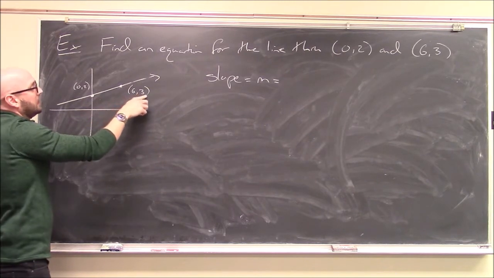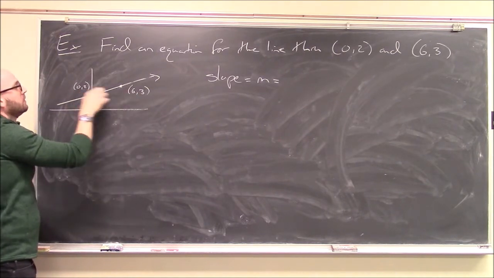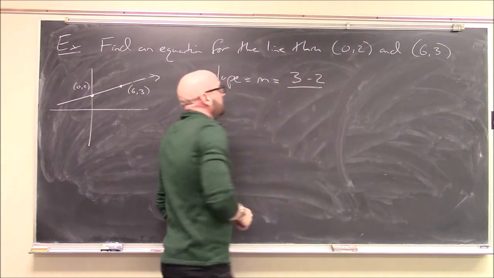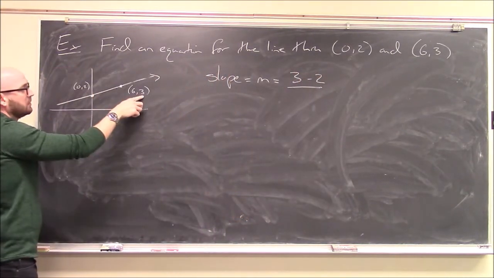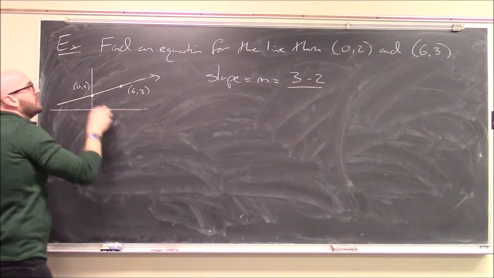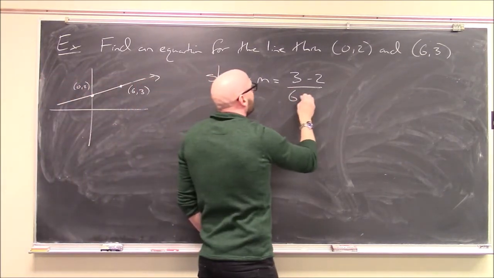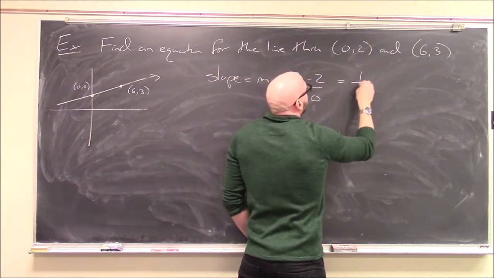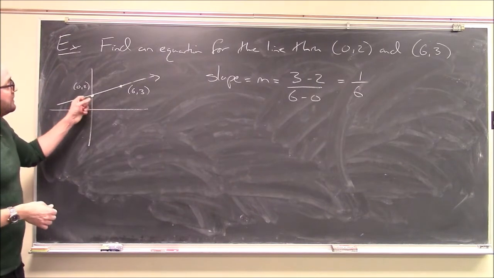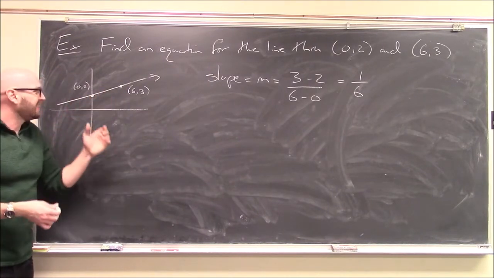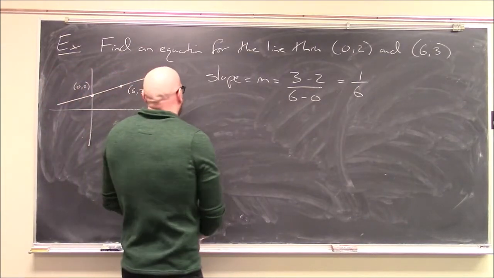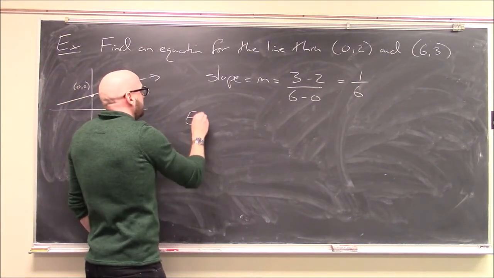So we'll go this y coordinate minus this one, 3 minus 2, over the difference in the x coordinates, and since I started with this y coordinate, I have to start with this x coordinate from the same point, 6 minus 0. So our slope is 1/6. Again, is it reasonable? Looking at this picture, I'm expecting a positive slope, just slightly positive. 1/6 is slightly positive.